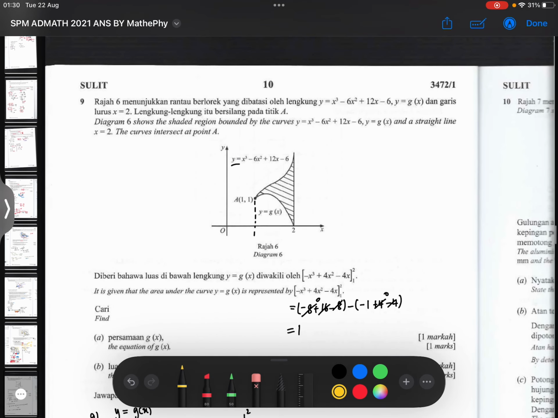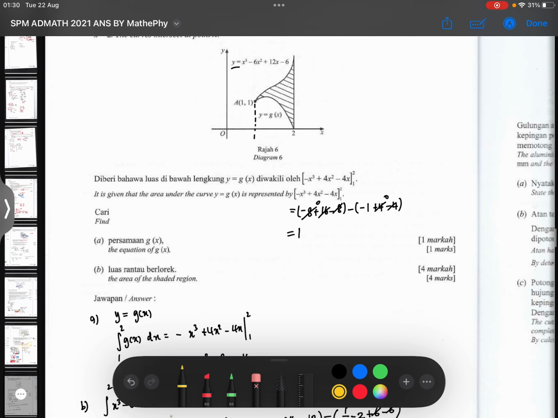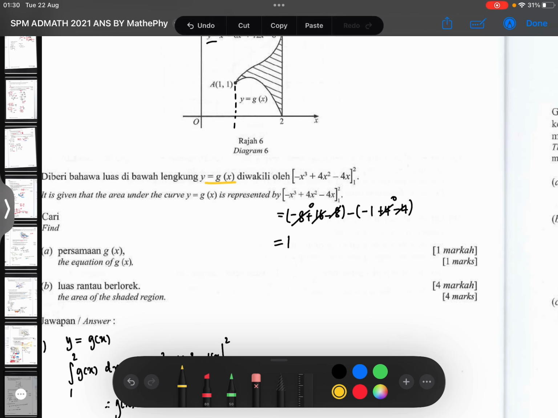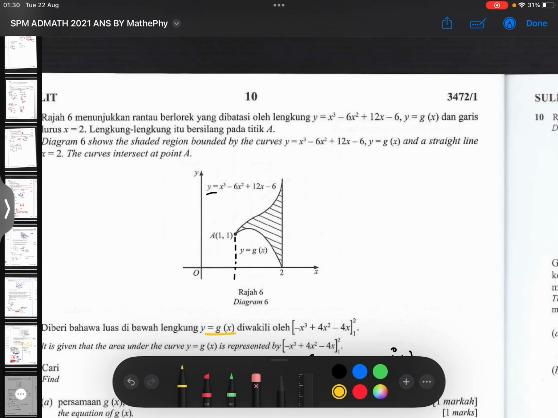Okay, question 9. We need to find the equation g(x) given that y equals to g(x) is this, and also the equation of y is this.